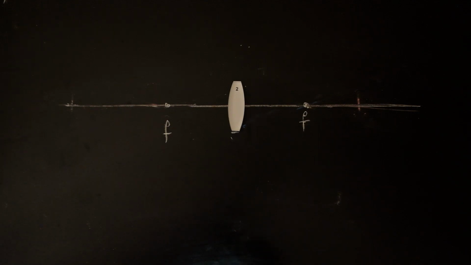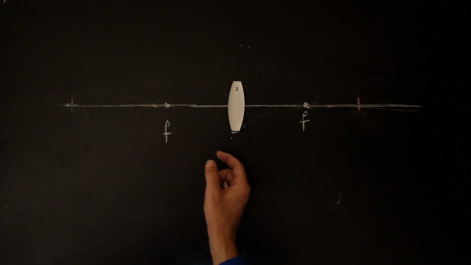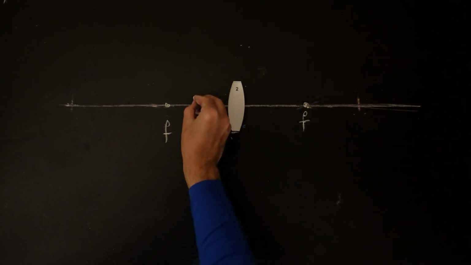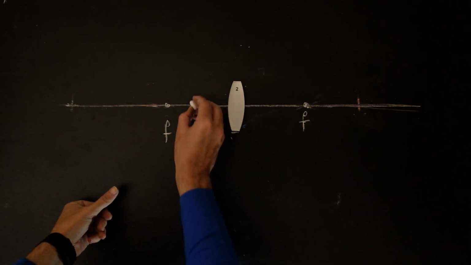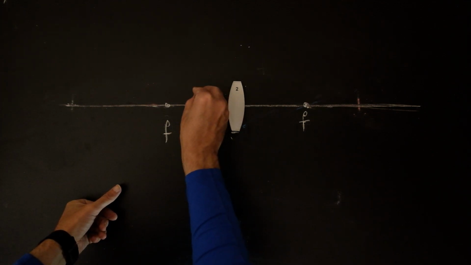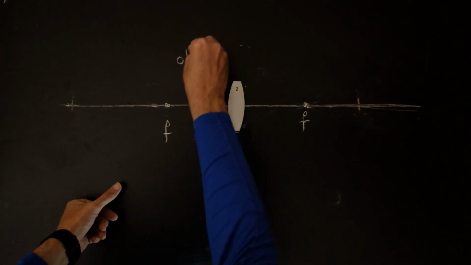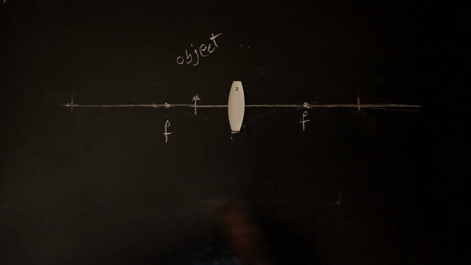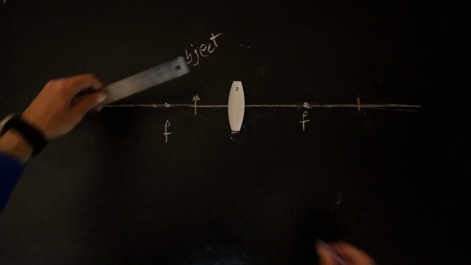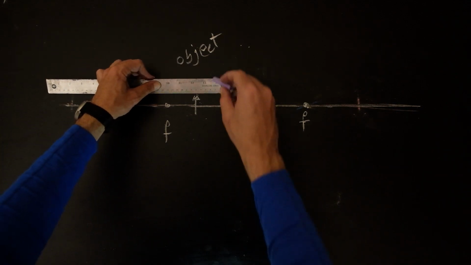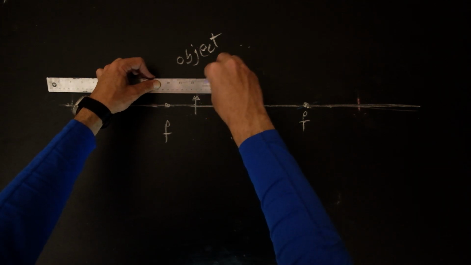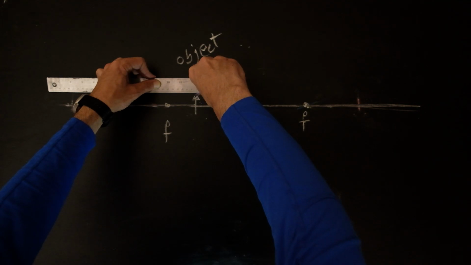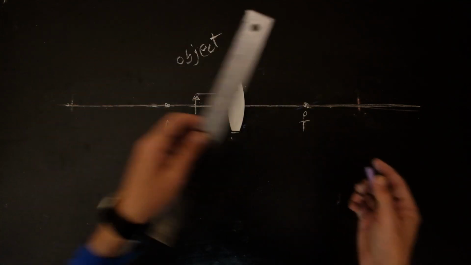One interesting case is when we put an object between focal point and the lens. Let's say this is object. And what happens in this case is interesting. I will simply draw light rays. So I have parallel to the lens.